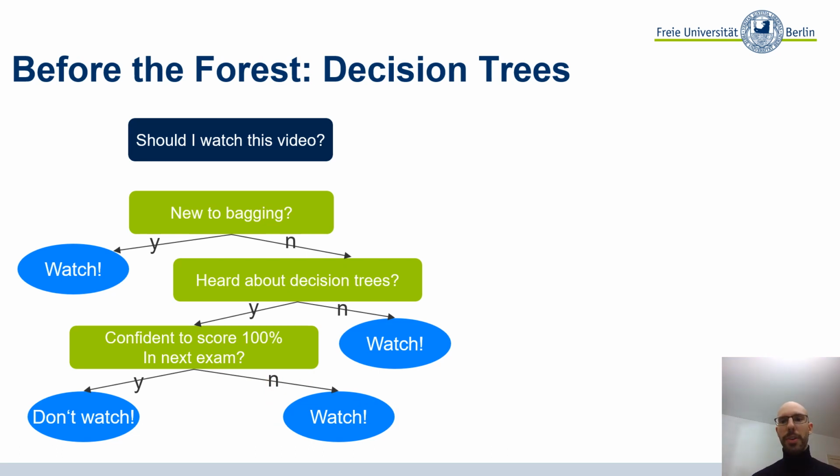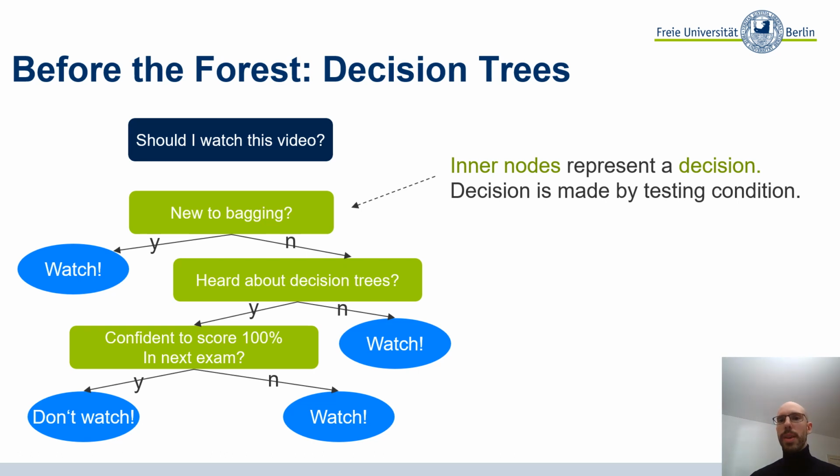Now, what you may notice as we move down through the decision tree is that we have two types of nodes, as in any tree. We have inner nodes, which represent a decision, and this decision is made by testing a condition. For example, are you new to bagging? If the answer is yes, we move down the left branch, and if the answer is no, we move down the right branch.